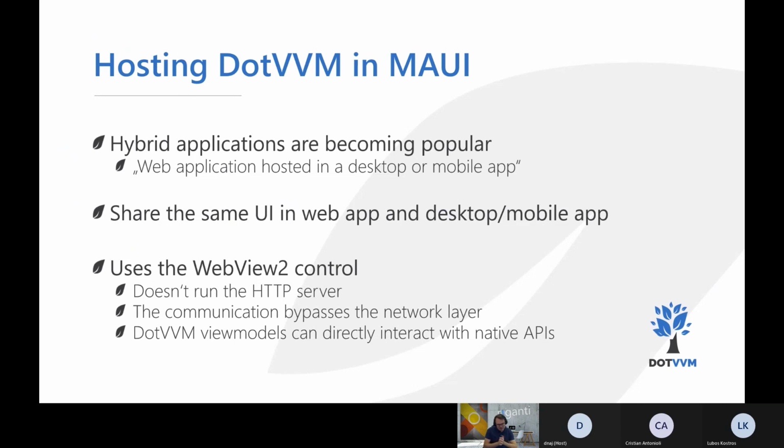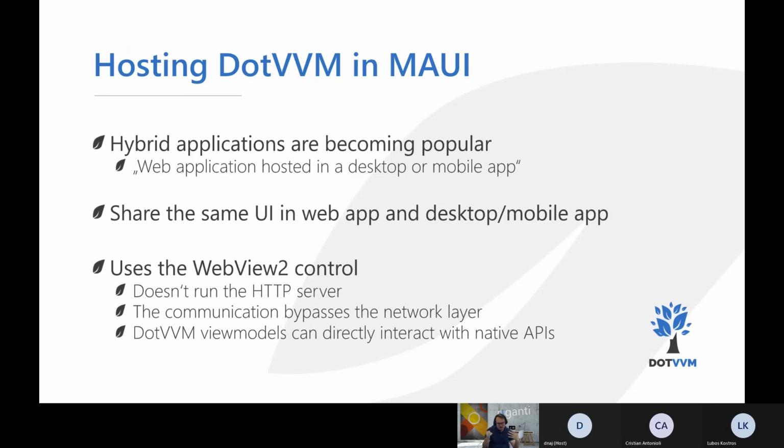So we have a prototype of DotVVM hosted in a MAUI application. Basically, everything is built on top of the WebView component, which is basically the rendering engine of Chromium, or Microsoft Edge to be precise. The WebView control allows us to intercept HTTP requests made by the browser to the application.